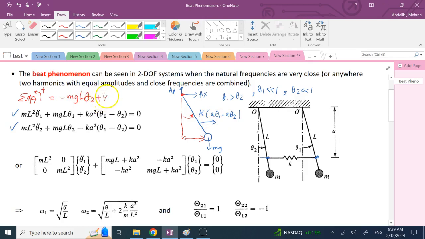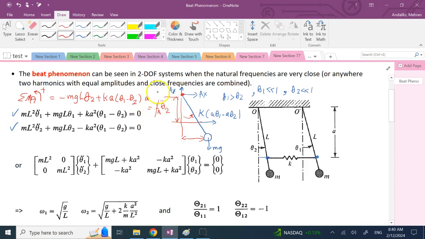Then the moment of this spring is positive: the force, which is kA times theta 1 minus theta 2, times this distance, which is basically the same as a, or a cosine theta, which is just a. So you have a squared. This is equal to I about point A times alpha 2, which is theta 2 double dot.